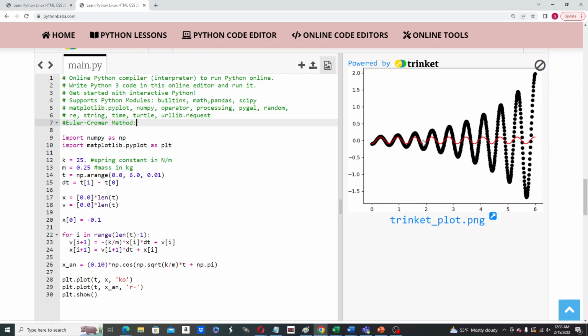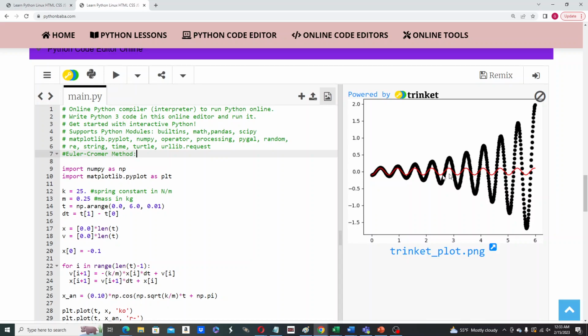Now notice, by the way, your oscillation period is dead on, right? I get a maximum here and a maximum here, maximum here and maximum here, maximum here and maximum here, and so on. And so I'm not worried about the phase shift to the right or the left of my graph.